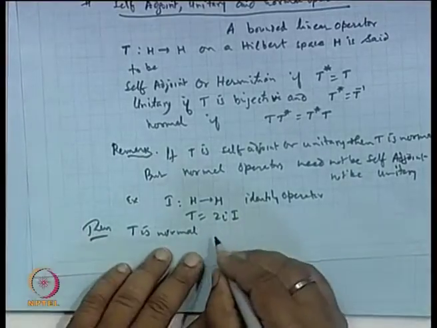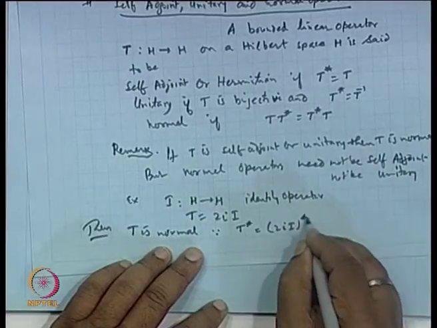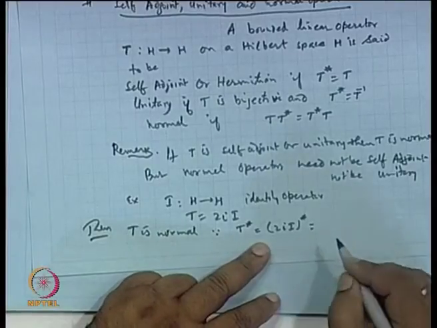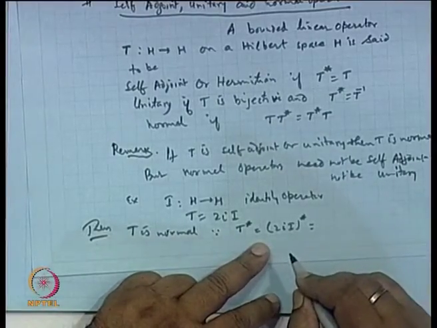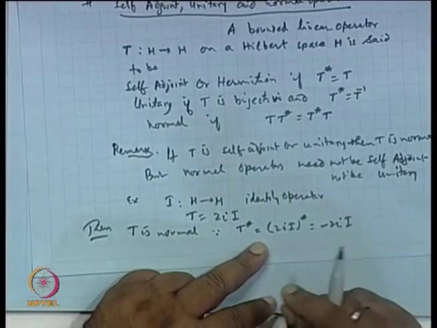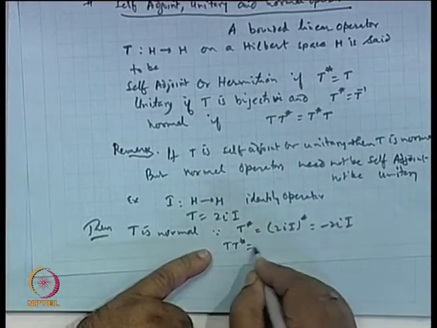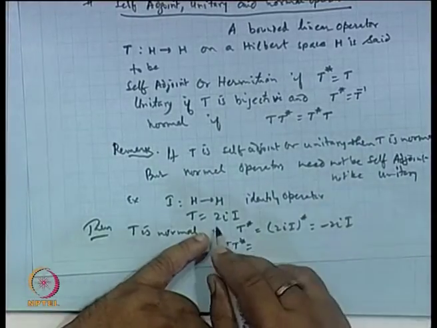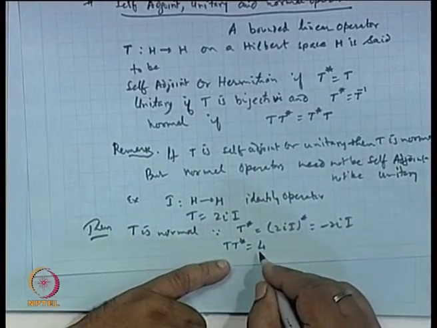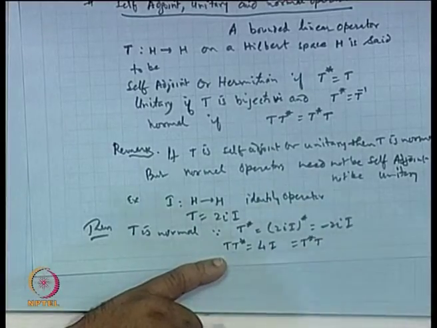Why normal? Because what is T star? T star is conjugate of 2i times I star, and this will be equal to minus 2i I. So, T T star becomes 2i times minus 2i I, which is 4 into I, and that is T star T also.